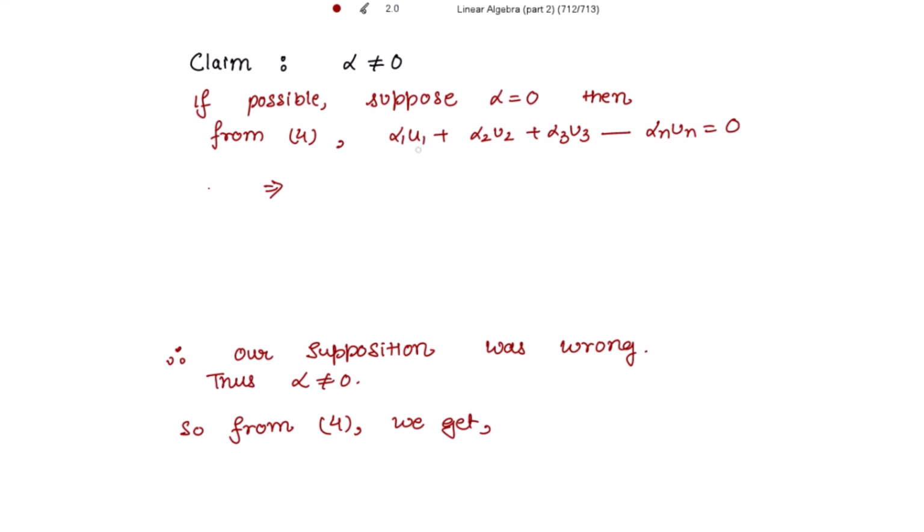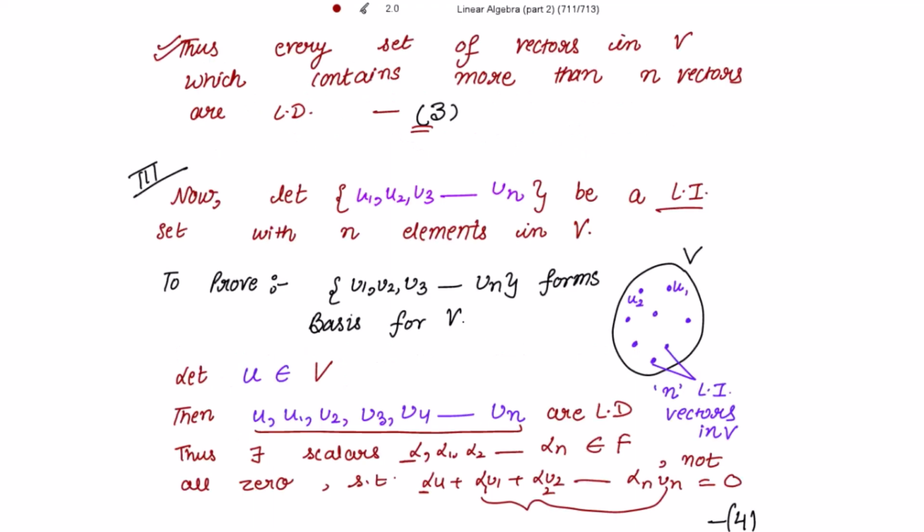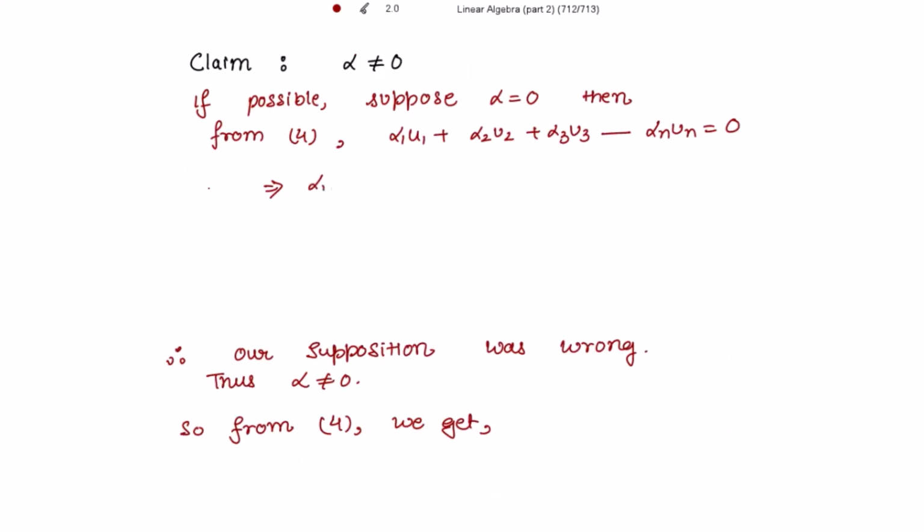Because it is given to us that u1, u2, u3, un are linearly independent set. This is given to us. Okay. So, because u1, u2, u3, un are linearly independent, alpha 1 equal to alpha 2 equal to alpha 3 all equal to 0.